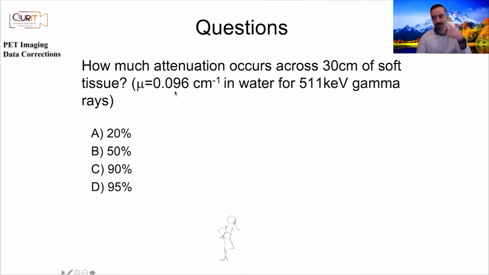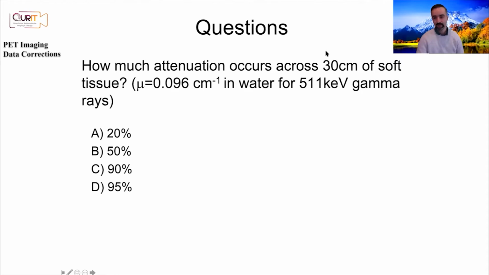Sometimes when I think about the brain, I think of it as 10 centimeters. So you're having 0.1 times 10 centimeters. That's a 1 in the exponent, so e to the power of -1. So it's about 30% of events that survive, and about 2/3 are attenuated in the brain.